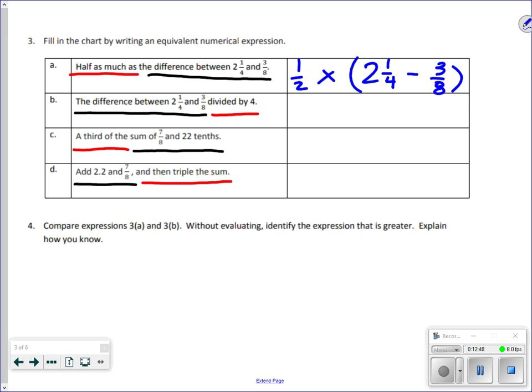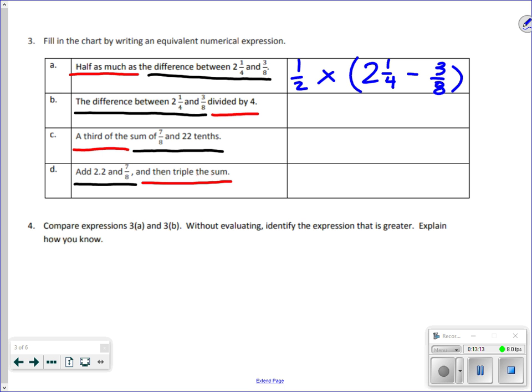Half as much. 2 times as much, 3 times as much, 4 times as much. You would just be multiplying by a whole number. This time it's half as much. So you're just multiplying by a half. 1/3 as much. You would be multiplying by a third.